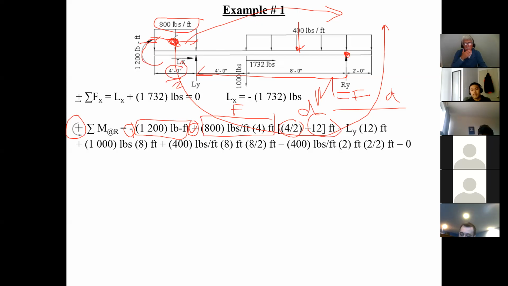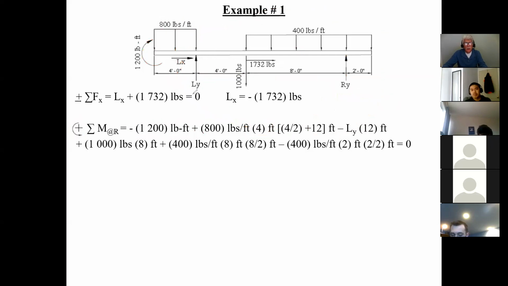Now let me clear all this drawing. Ly, the first thing I worry about: I'm taking moments about this point here. Is Ly rotating clockwise or counterclockwise? When this force wants to push up, it's as if I'm attaching a string here.